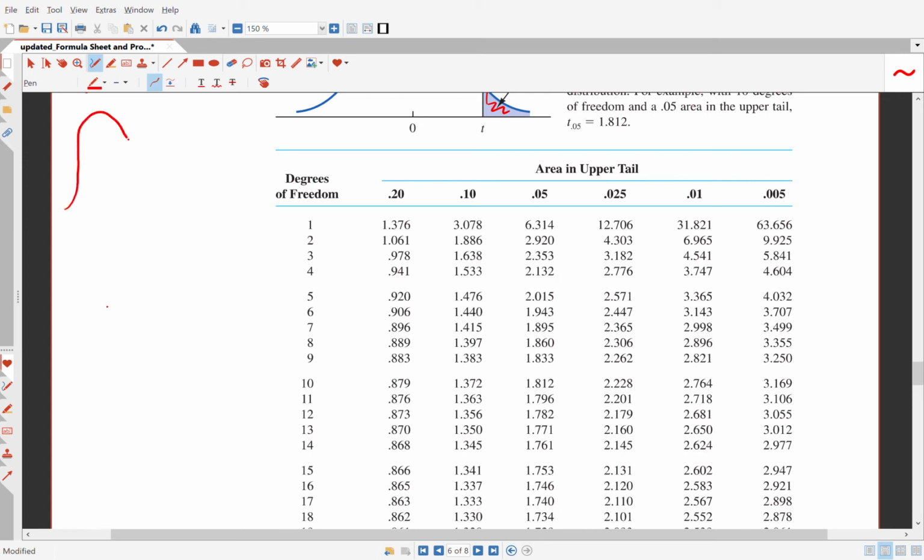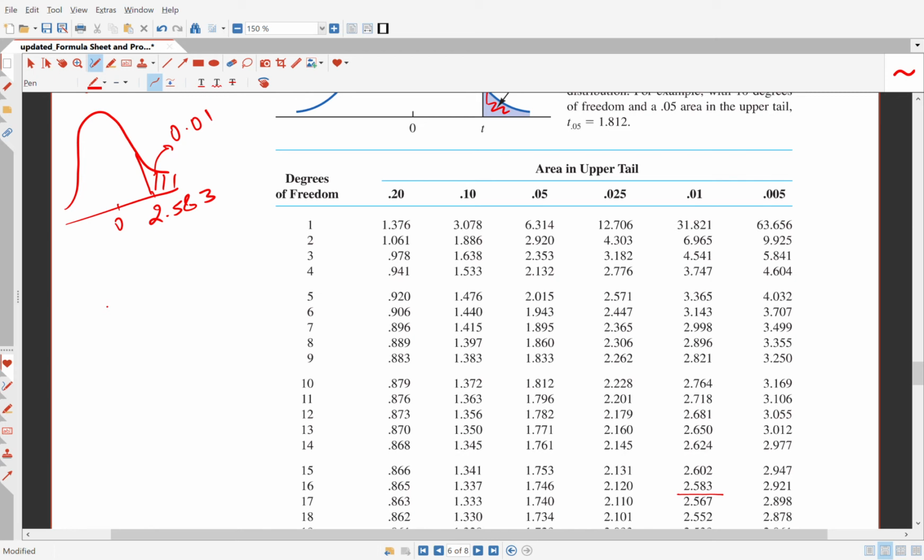So again, this is 0. 2.583 is here, and so the area to the right of 2.583 is what you're looking for. For 16 degrees of freedom, 2.583 is here. So the area to the right is 0.01. So this area is 0.01, and that is the answer to part D.